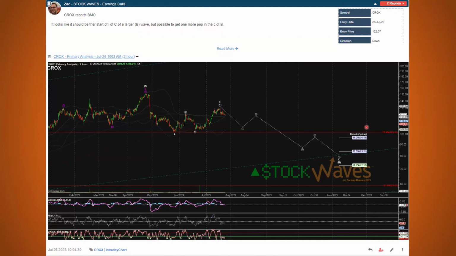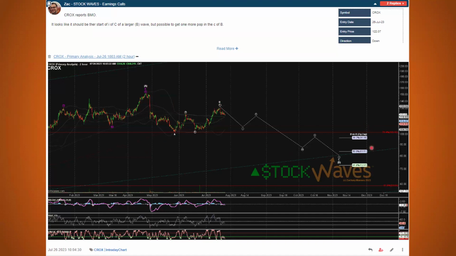So here is a Crocs chart that before we get into the Crocs wave setup that I wanted to talk about, I wanted to talk about the setup for a drop that we saw back here in July 2023, specifically on earnings, where we have a clear ABC corrective consolidation as the B wave, at a lower high, about a 50% to 618 retrace of this initial move down.